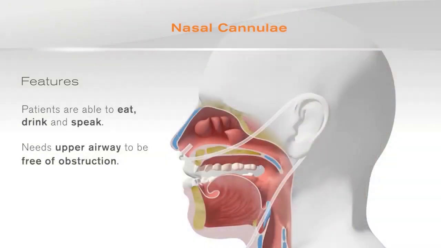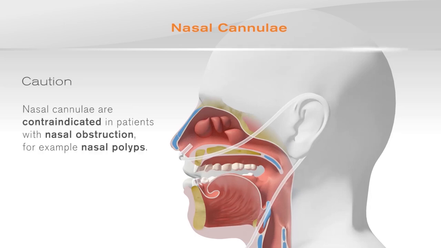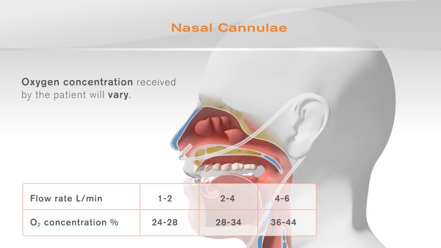However, the use of a nasal cannulae requires the upper airway to be free of obstruction. Nasal cannulae are contraindicated in patients with nasal obstruction, for example, nasal polyps. The concentration of oxygen received by the patient will vary, as previously mentioned.